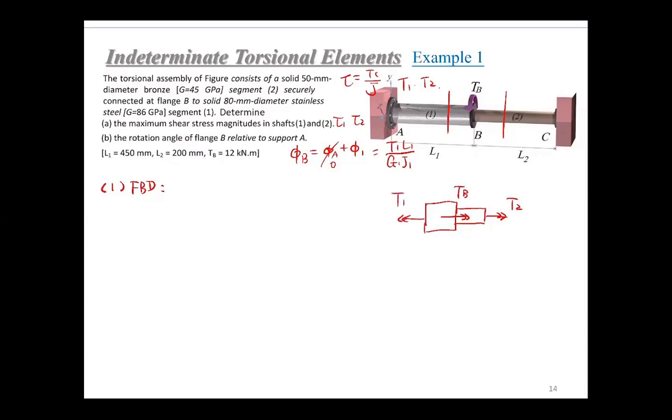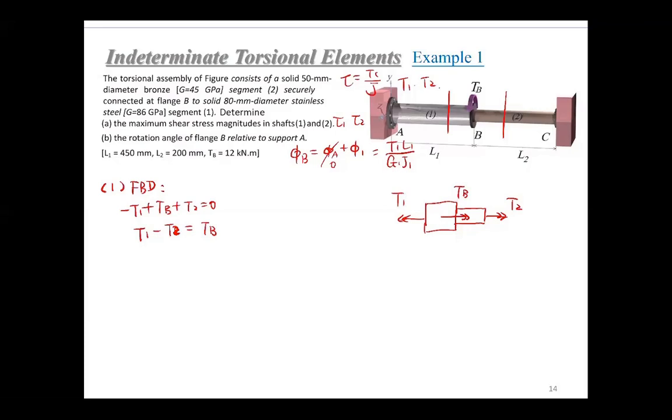So negative T1 plus TB plus T2 equals 0, or T1 minus T2 equals TB.